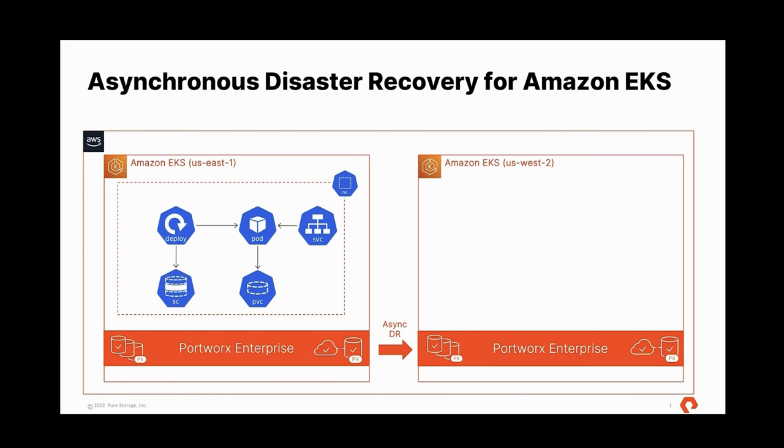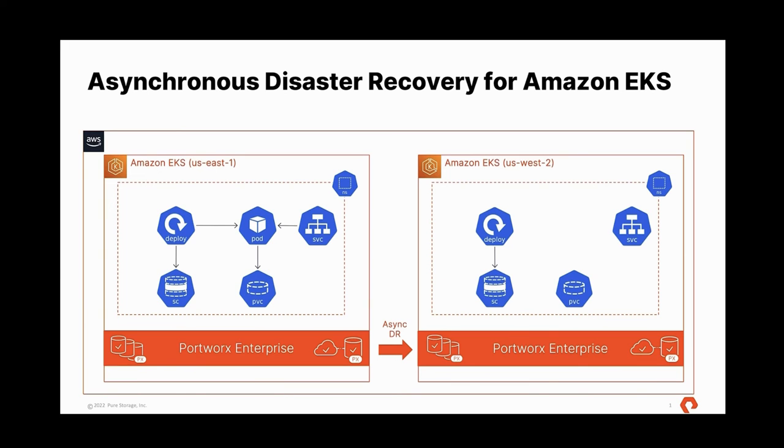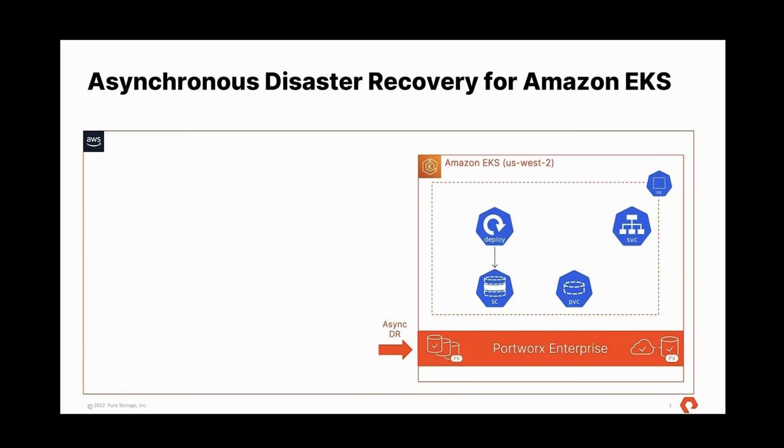Now we use something called a schedule policy within Portworx Enterprise and PXDR to schedule replication of all of those objects and the underlying data to that secondary cluster in US West 2. And once we need to turn on the actual application within that secondary cluster, we just go in and tell PXDR that I need to enable the secondary cluster within my disaster recovery setup, and it will make that instance active.